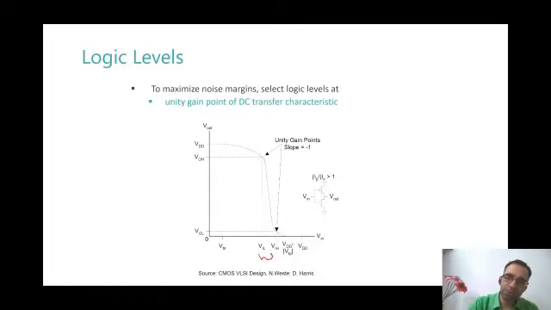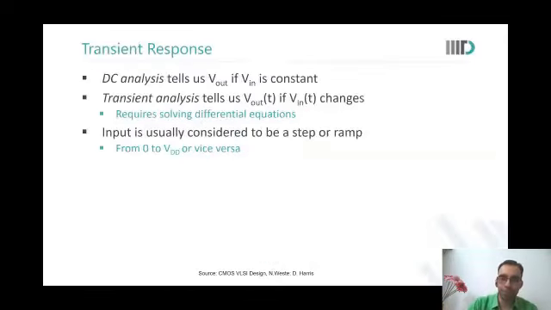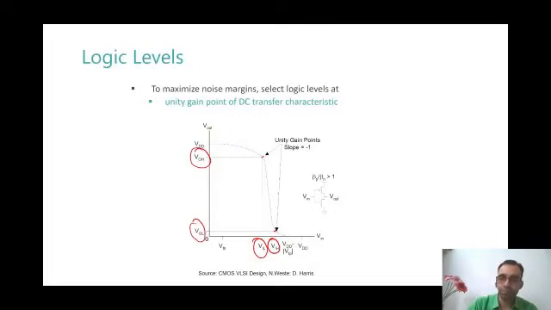You will get VOL and VOH from this curve, and VIL and VIH also from this curve. So now I will be able to identify the noise margin for this particular gate. In short, when both the devices are in saturation, we exclude that area, and the remaining is noise margin. Yes, you can say that.